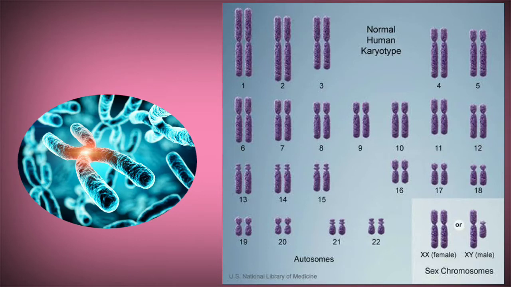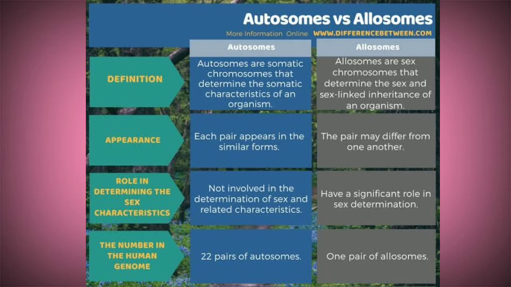The basic difference between the autosomes and the allosomes is this: the autosomes are the somatic chromosomes that determine the somatic characteristics of an organism. In other words, they determine the characteristics of the body, such as the height, the color, and different physiological processes that happen within the body.